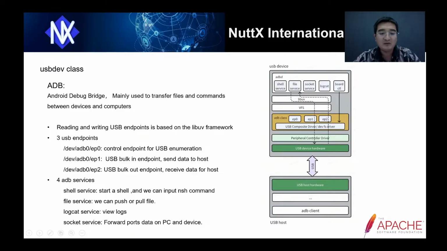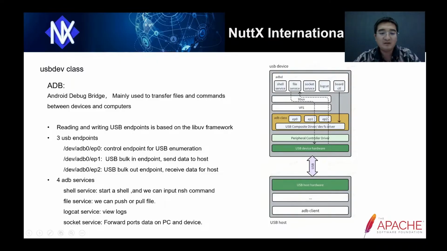ADBD supports several services. With shell service, you can enter the NSH shell environment to execute system commands. With file service, you can transfer files to or from the host. With logcat service, you can get real-time logs.